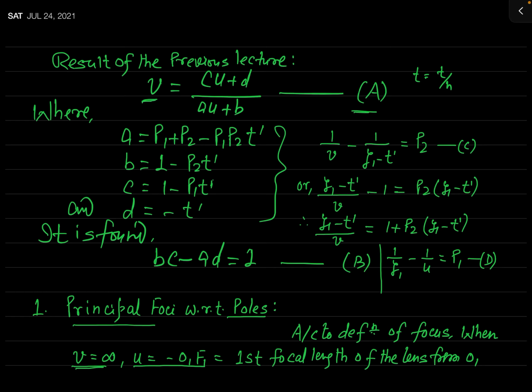So for v equal to infinity, this denominator au plus b must be equal to 0.